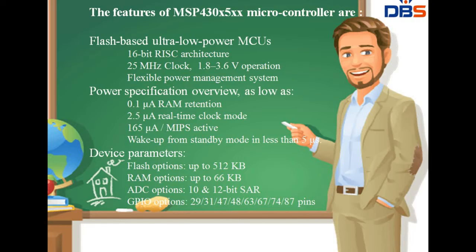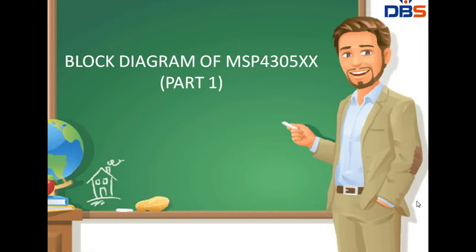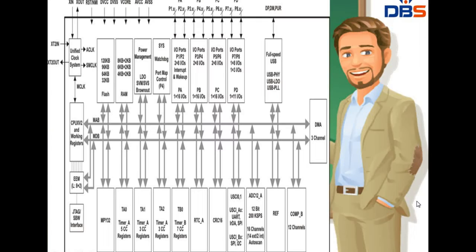Coming to the architecture or block diagram of the MSP430 family, in the previous session we discussed the MSP430. In the same sense, here we have a different family with different blocks, and the timers will vary. Coming to the first one, the unified clock system. By seeing this diagram, we can find that there are 3 clock signals.